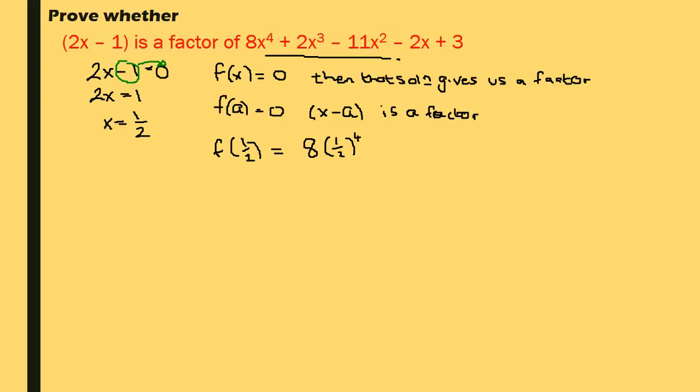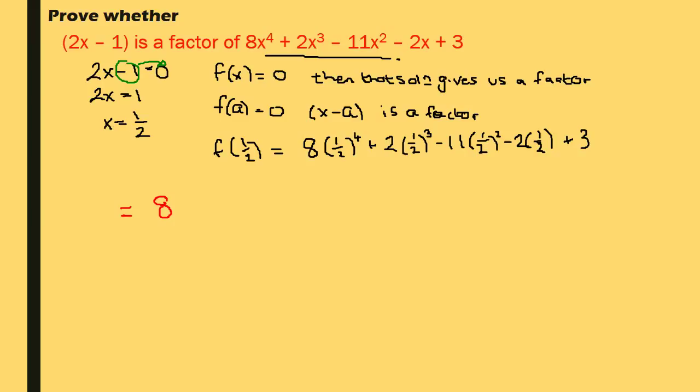Now all I'm going to do is replace every x in the equation with a half. So I have a half to the power 4 there, plus 2 times a half cubed, minus 11 times a half squared, minus 2 times a half, plus 3. Okay, so a lot to be putting in here, but let's make it a bit bigger for ourselves.